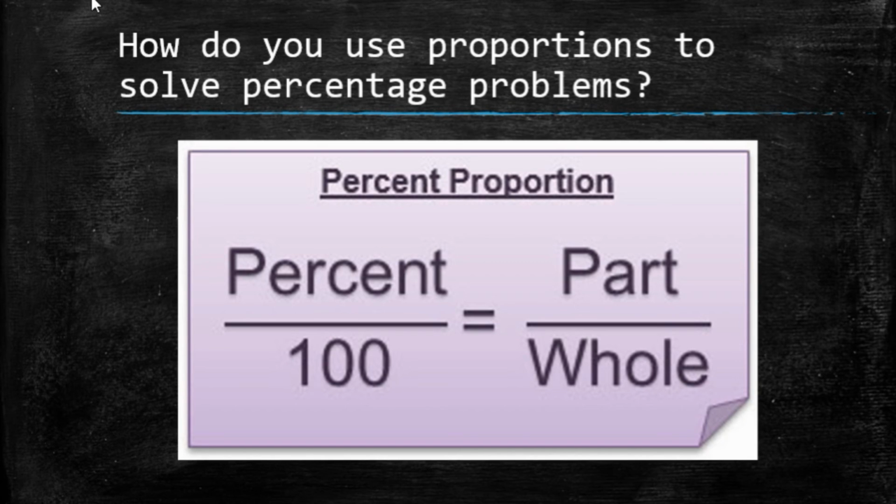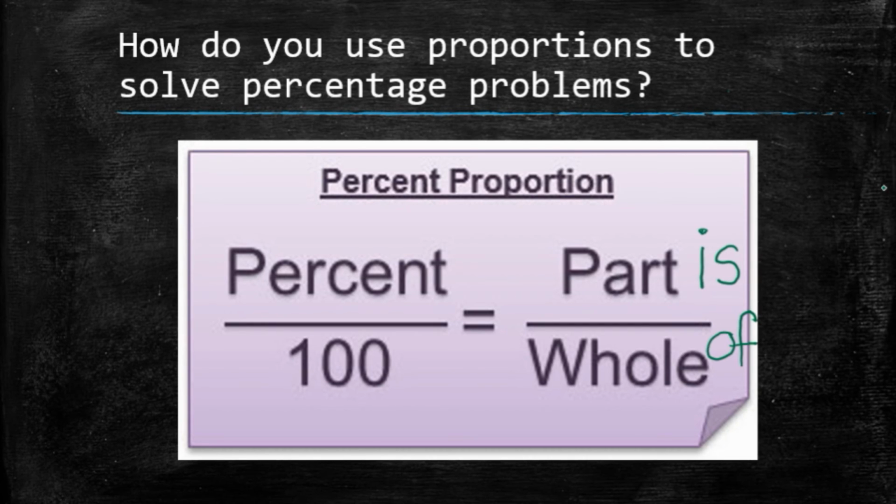And another easy way to think of this with the problems that we're working with today is by thinking about the part as the "is" portion of your word problem and the whole as being the "of" portion of your word problem. So go ahead and make sure that you write on your guided notes worksheet "is" next to part and "of" next to whole. You'll be using that as we go through these example problems.